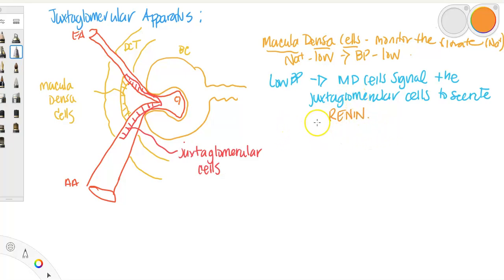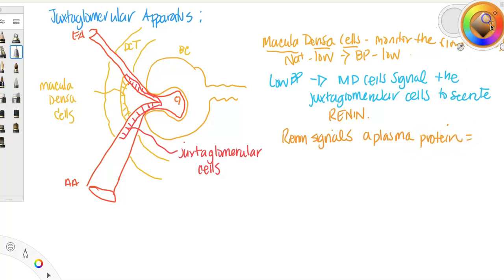So what renin does, renin signals a plasma protein. A plasma protein is a protein that's in the blood. And this protein is called angiotensinogen.